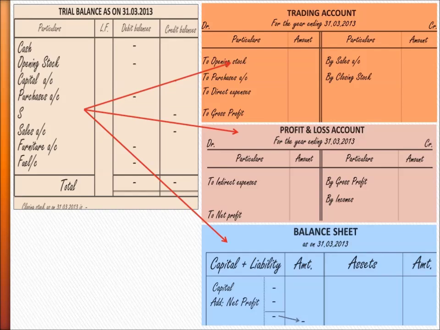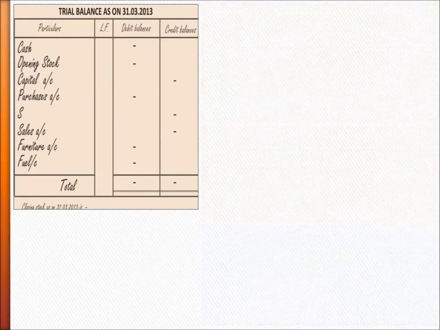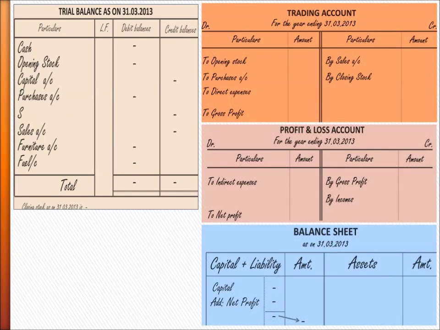Remember the principle that when we transfer items from the trial balance to final accounts, it will be one item, one hit. I mean one item can go to only one account, either trading account, profit and loss account, or balance sheet.